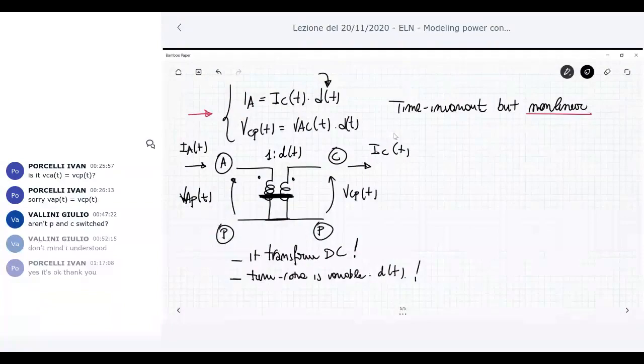Alternatively, you can also model this set of equations by using dependent current and voltage sources.